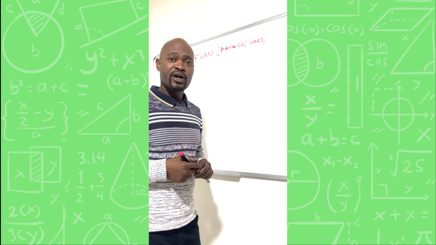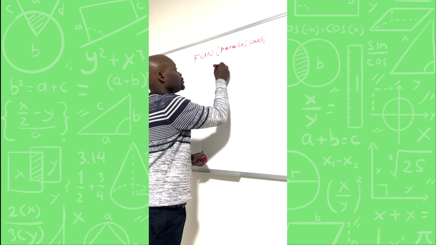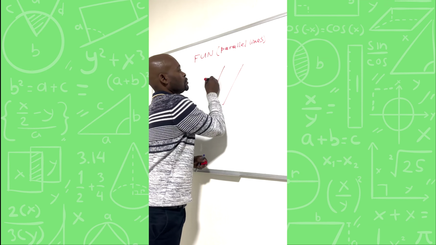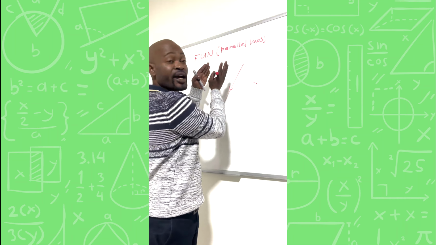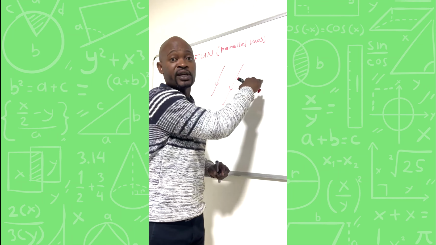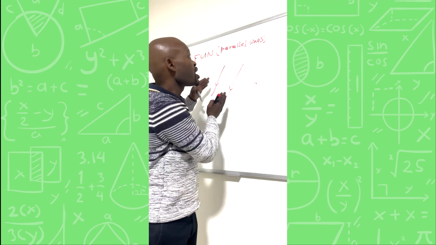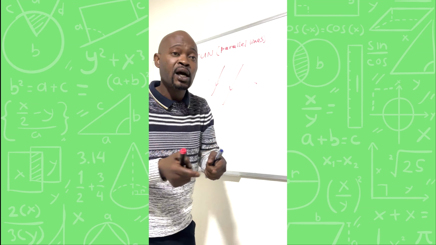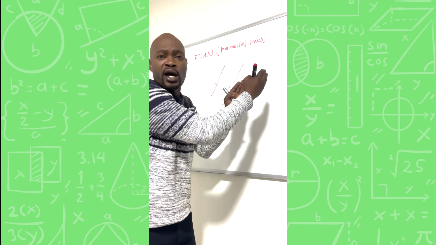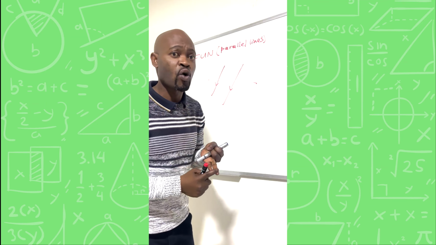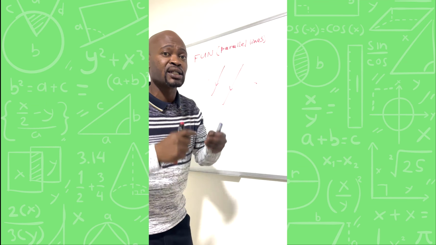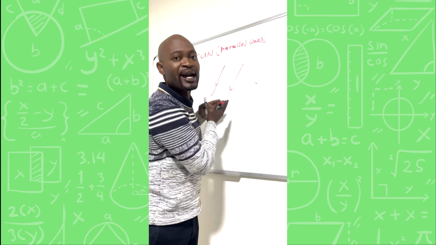Using the same diagram as before, we still maintain the parallel lines and the transversal line. So we still have parallel lines, because when we think of fun, we must always think of parallel lines. We can't talk of corresponding angles and talk of co-interior angles or alternate angles if we don't have parallel lines.